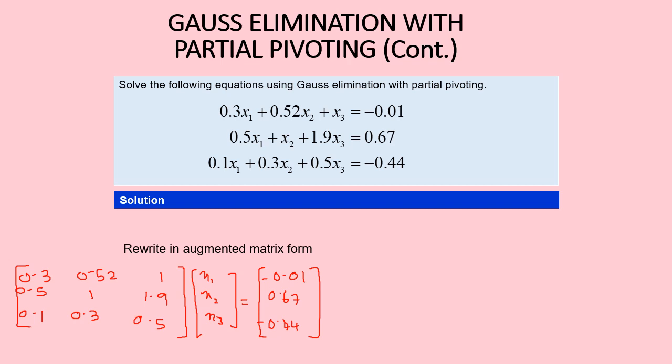Then, we transform our matrix into our augmented matrix. Augmented matrix is the combination of matrix A and matrix B.